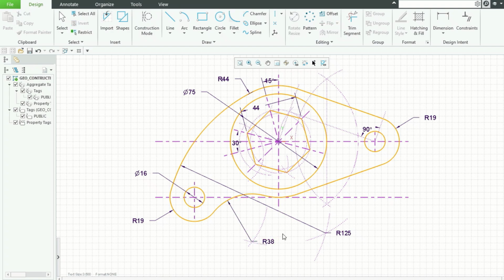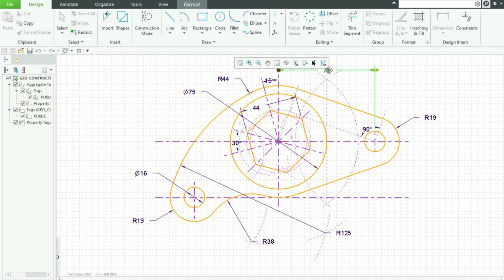And what else? The linear dimensions for location of these holes, position of these holes, as per the drawing. These two, this is 75 mm.